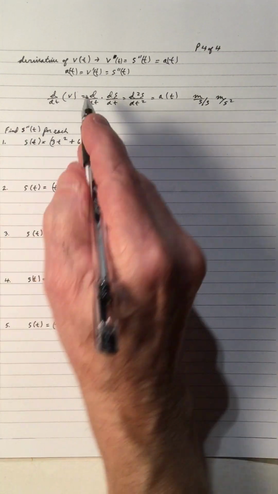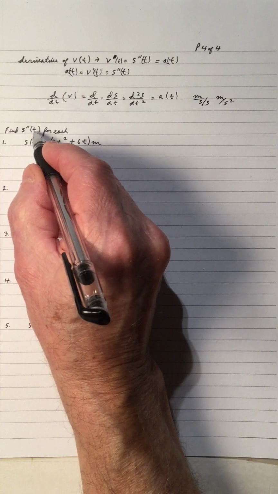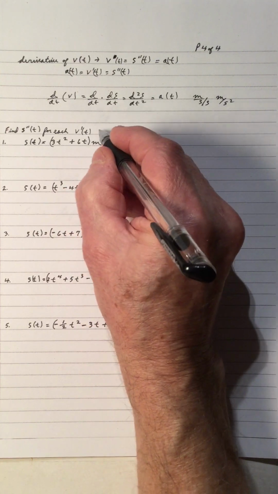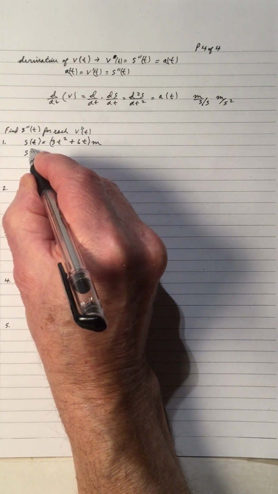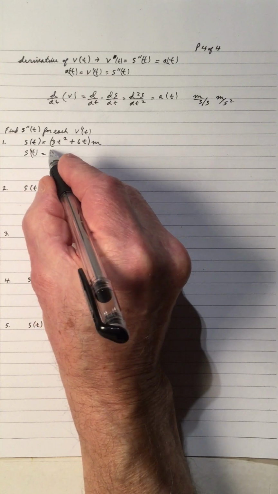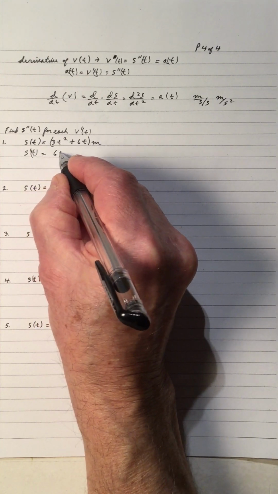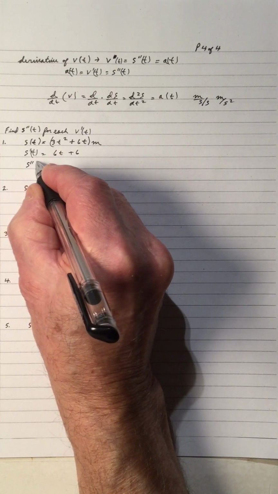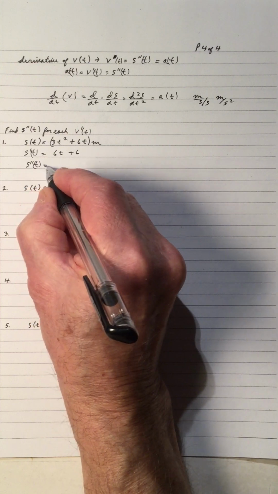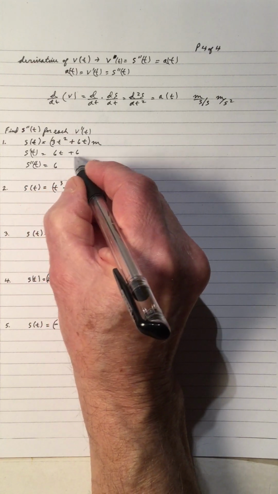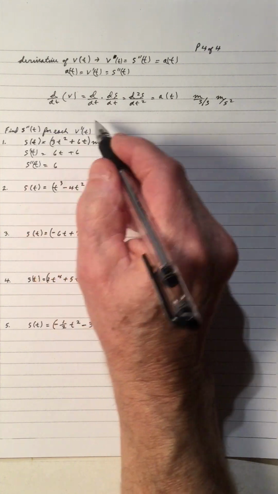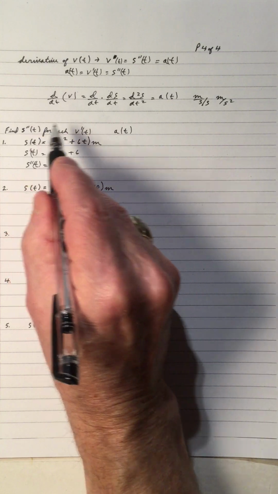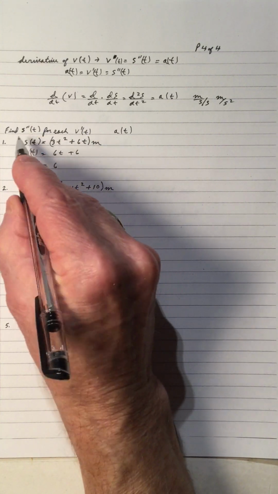So acceleration is meters per second squared. So find the double prime of t, that's the same as doing the derivative of the velocity. The first derivative, 3 times 2 is 6t, and the derivative of 6t is 6, derivative of the constant is 0.